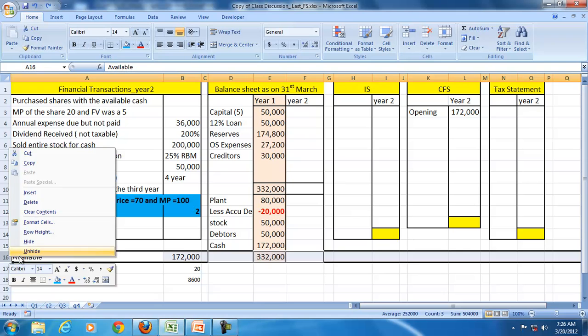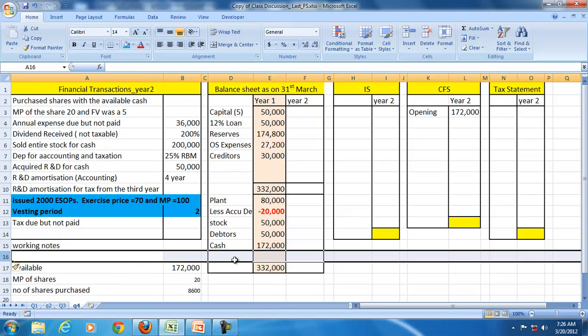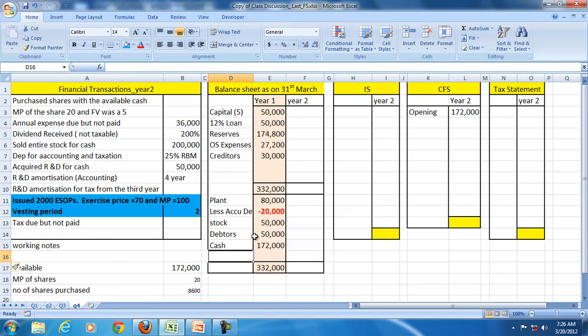Whenever an asset is acquired, that either results in the reduction of cash or creation of a liability or increase in equity, but in this case it's a reduction of cash. So in the cash flow statement we'll show the purchase of shares, 172,000.